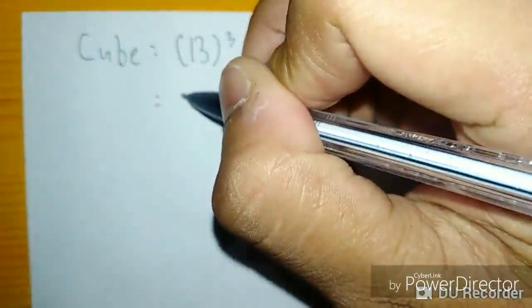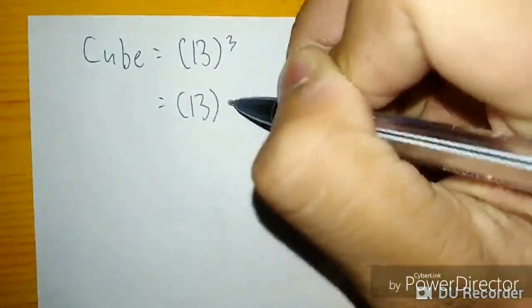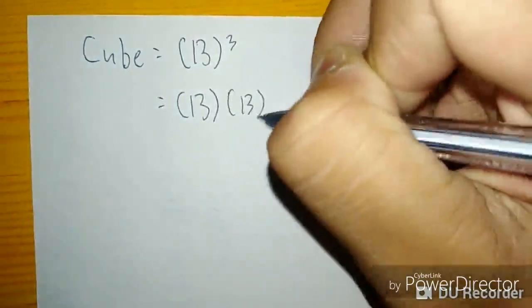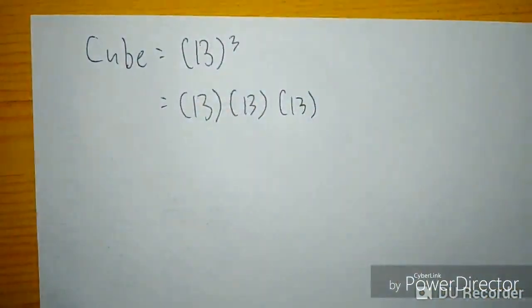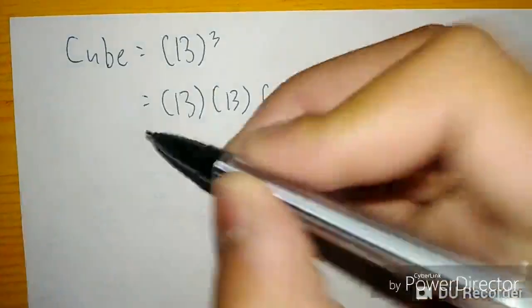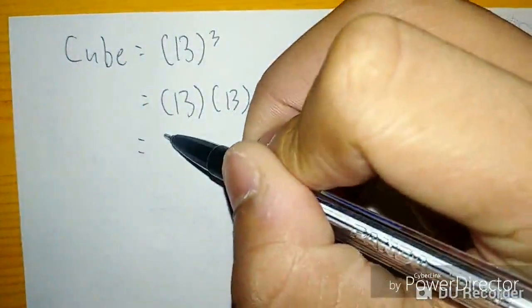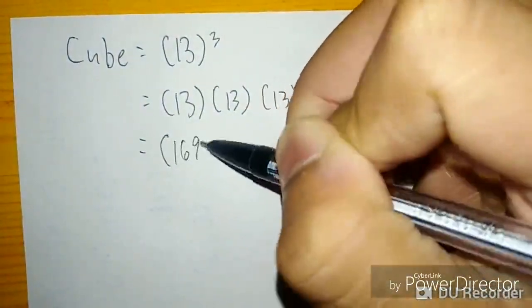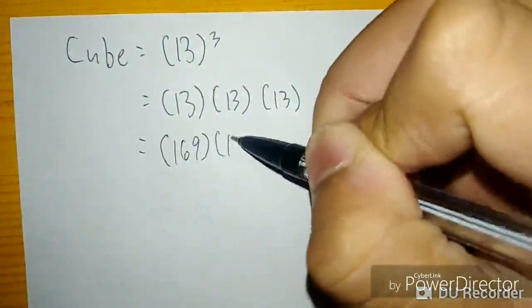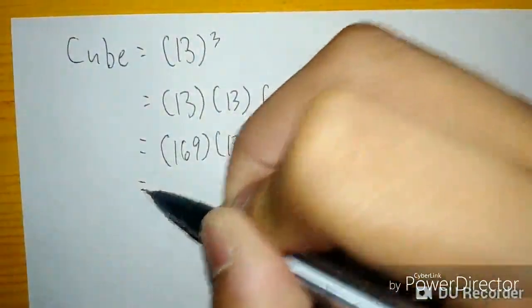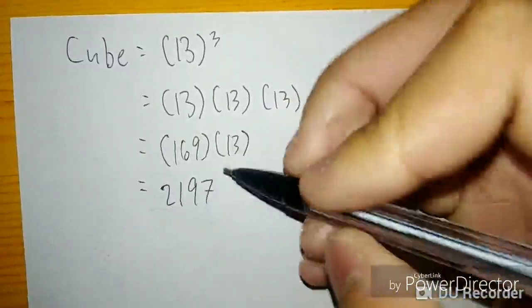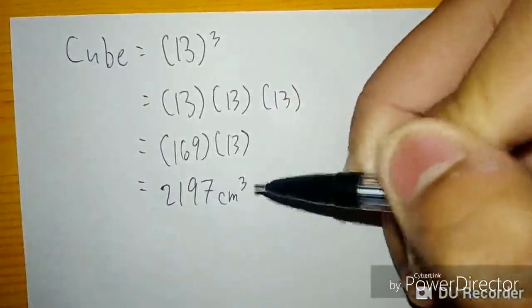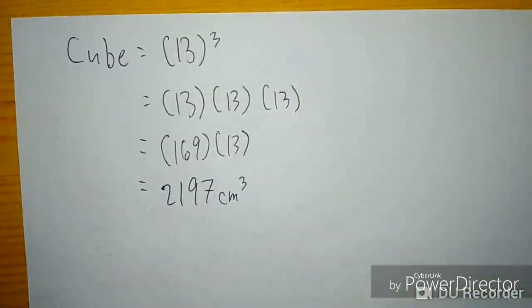So let's put 13 3 times. 13 multiplied to 13 times 13. 13 times 13 is 169. Multiplied to another 13, and the result is 2197 cubic centimeters. So that's the volume of our cube.